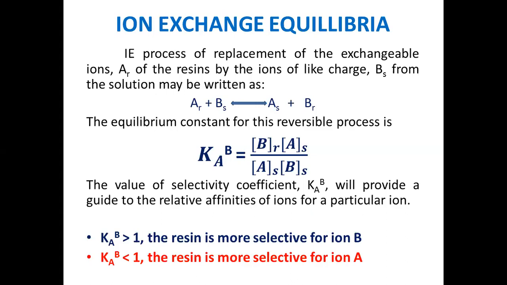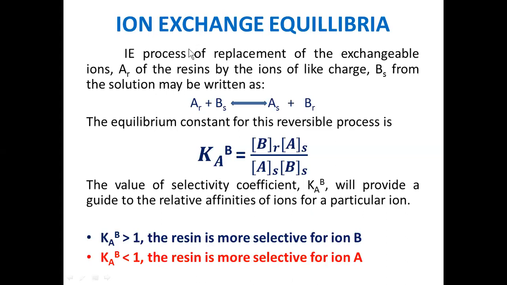Any solute present in the sample solution can be separated with maximum efficiency if the selectivity coefficient is greater than 1. If the selectivity coefficient is less than 1, then the resin selectivity becomes lower for the separation of solute B present in the sample solution. It cannot be separated with maximum efficiency. Therefore, the resin selectivity will be retained for solute A only.